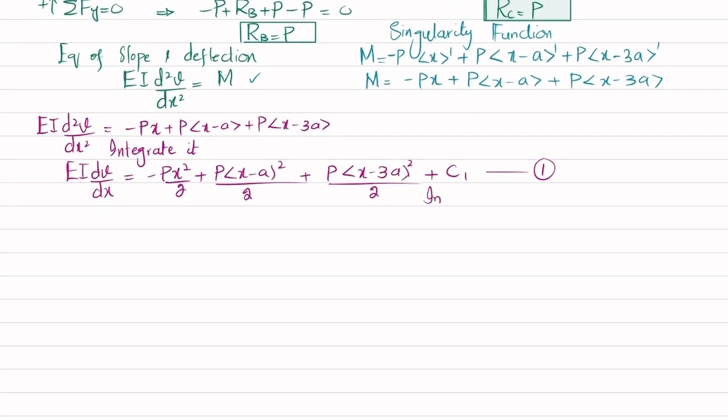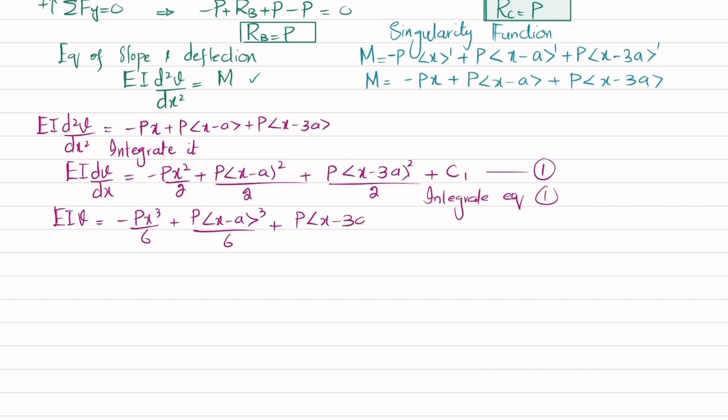So integrate again equation 1, so you will get EI into V is equal to minus PX cube over 6 plus P into X minus A cube over 6 plus P into X minus 3A cube over 6 plus C1 X plus C2.